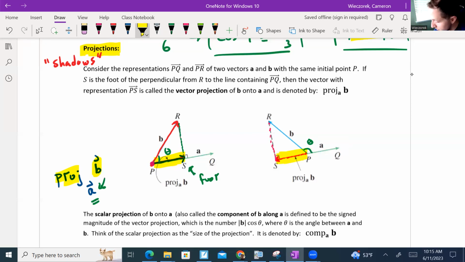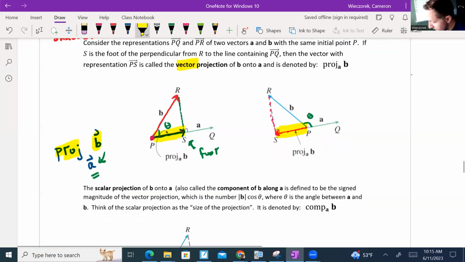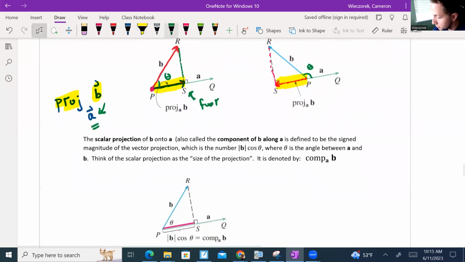The result still has to be a vector. If I want to measure the signed magnitude, how long that vector projection is, this is what we call the scalar projection of B onto A, sometimes referred to as the component of B along A. It's the signed magnitude, which could be positive or negative depending on which direction the vector points.